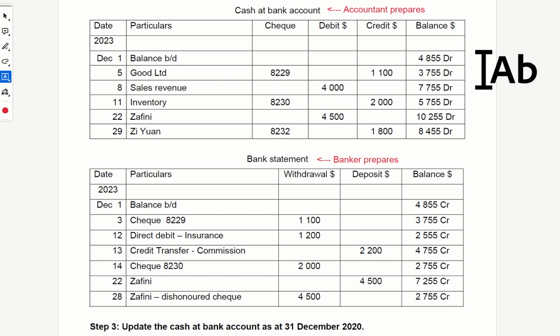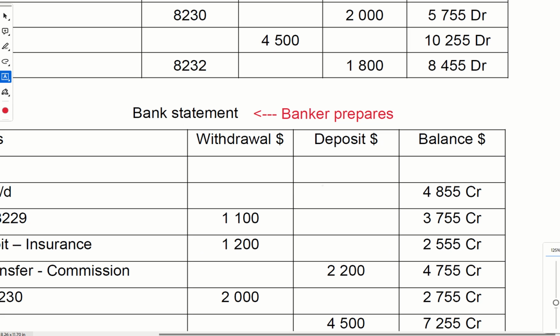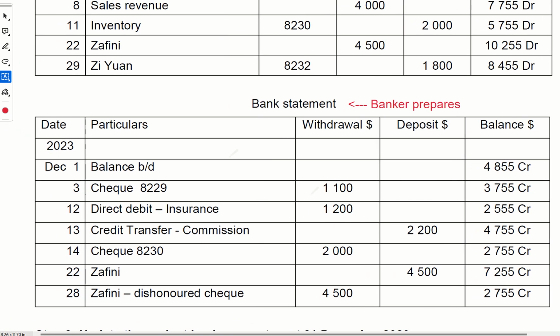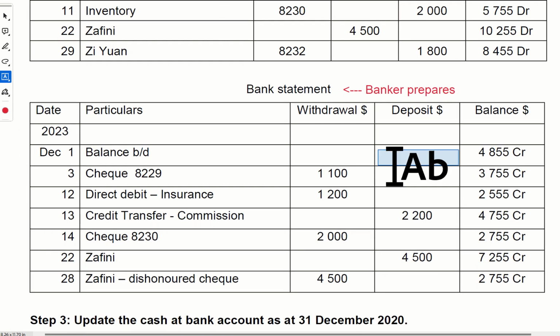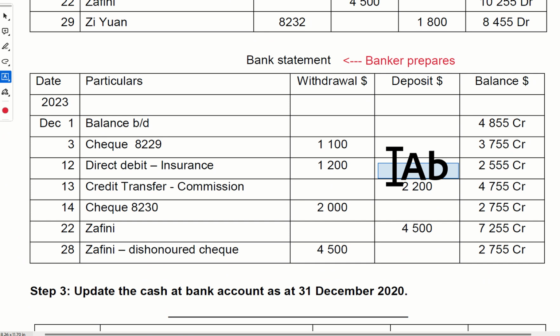Next, we want to look at the different parts of a bank statement. If I look at my bank statement, you'll notice that instead of debits and credits, I have the word withdrawal and the word deposit. The word withdrawal means a minus.